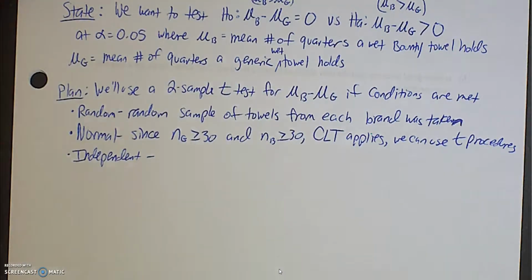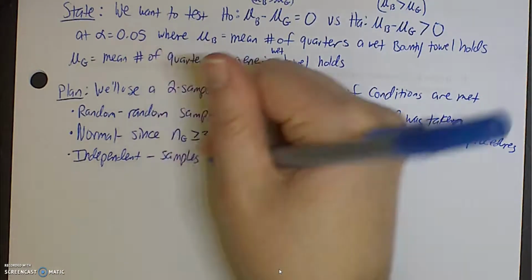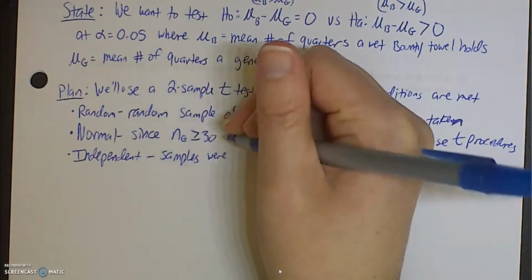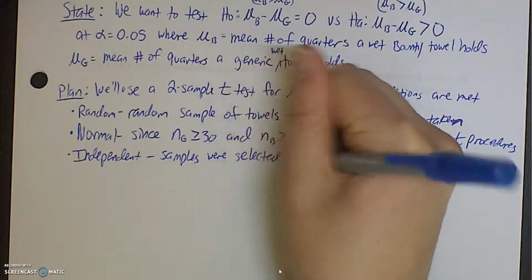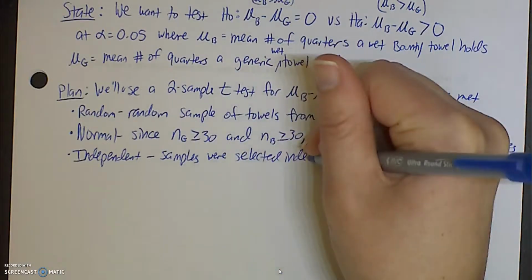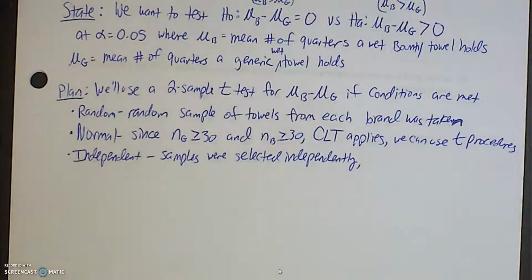Last condition, independent. It says that we can assume that our samples were selected independently, so one will not affect the other. And then we also have to check our 10% condition because this was a selection.